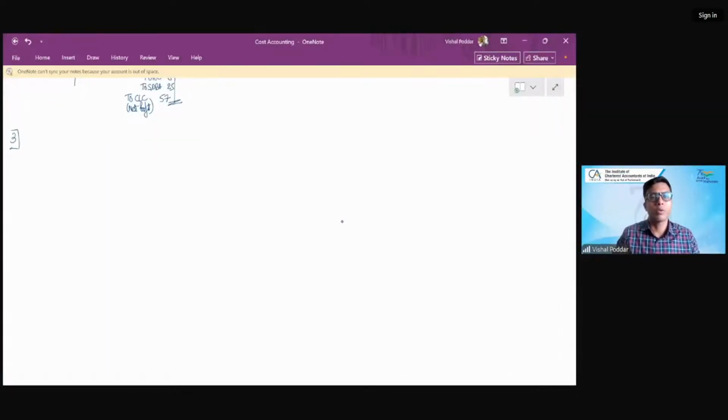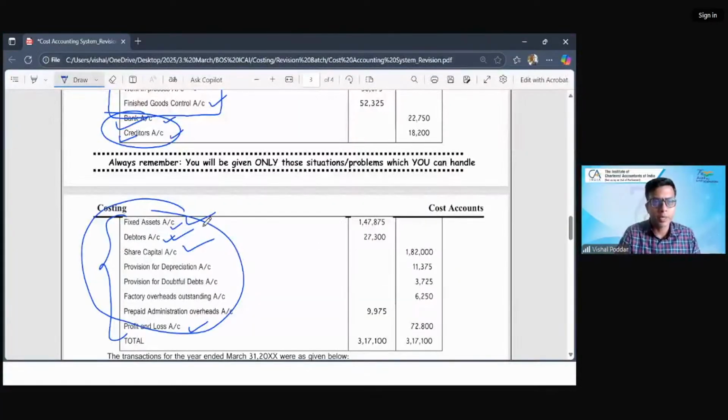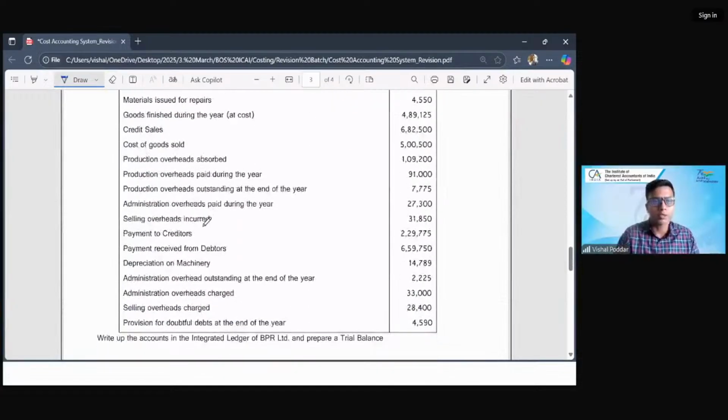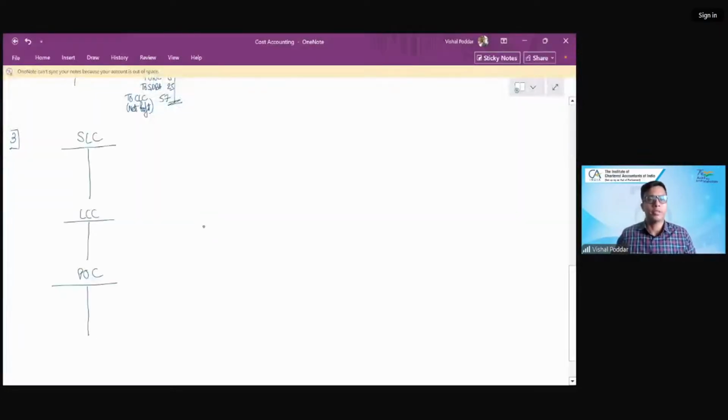Now again, our sequence should be the same. We prepare first all cost accounting related accounts. So SLC, LCC, POC. Now for selling and administration, is it separate or combined? You'll get to know from the transactions. So see, administration and selling are separate.